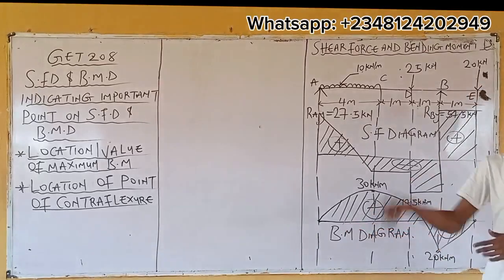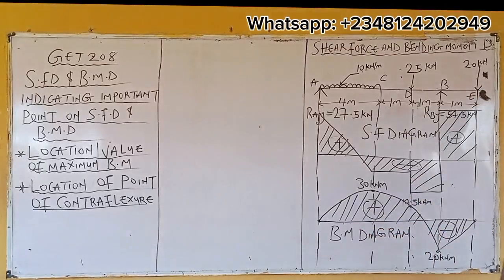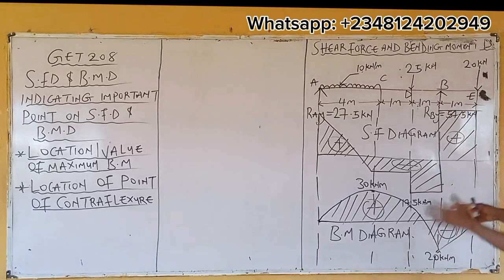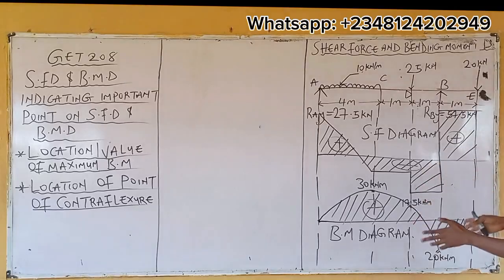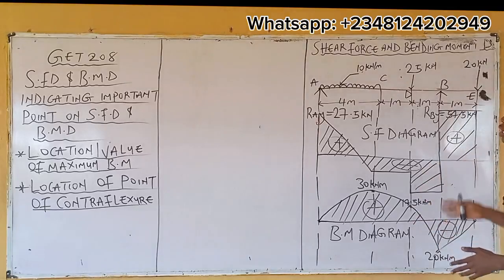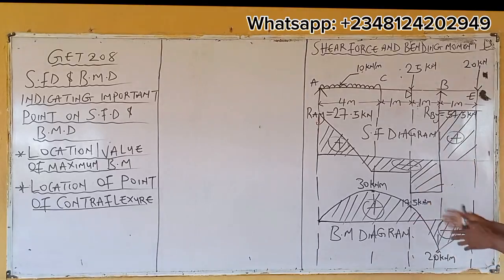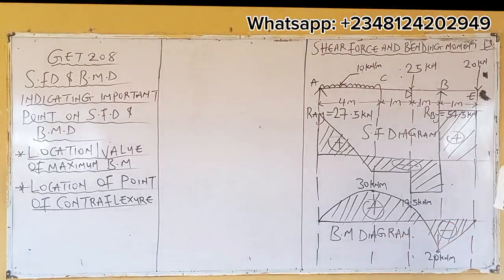When I say location, I mean distance. When I say value, I mean magnitude. Let me ask that same question again. Looking at this beam, based on the diagram we have on the board, at what distance does the maximum bending moment occur, and what is this value? Looking at what you have here, it is what?